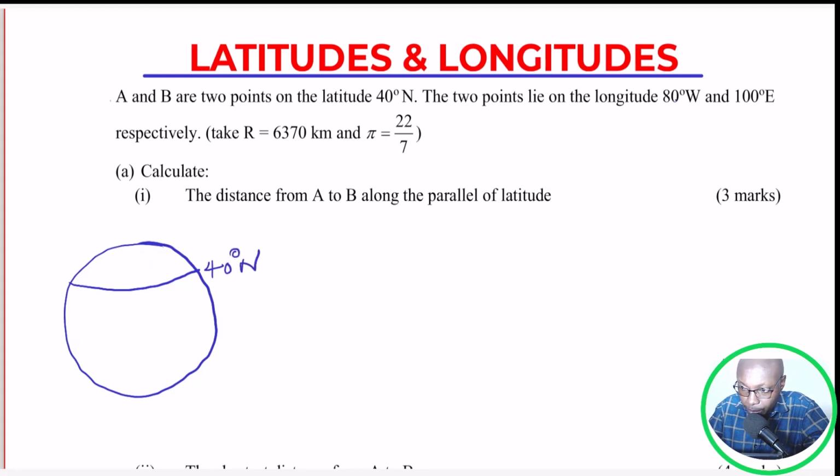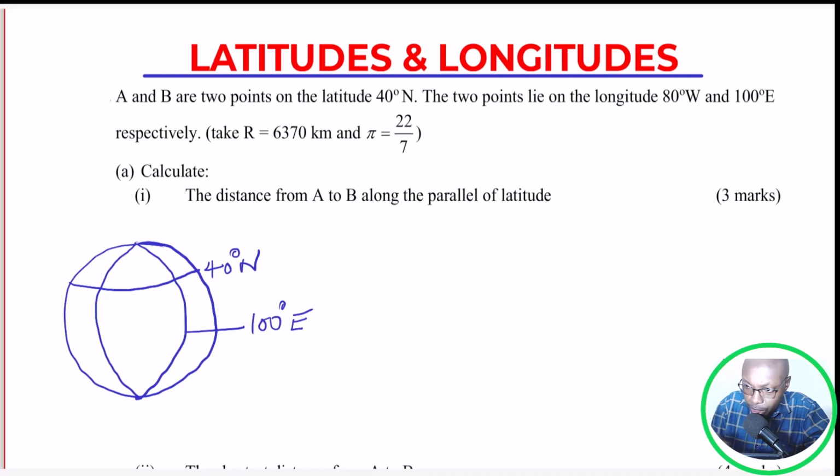So that is the latitude, 40 degrees north. One is to the east, 100 degrees east. And this is just a sketch to help us to solve the question and not the accurate drawing on how the position should be.